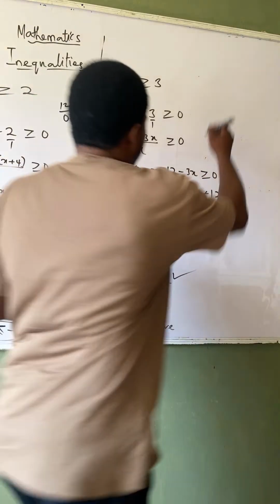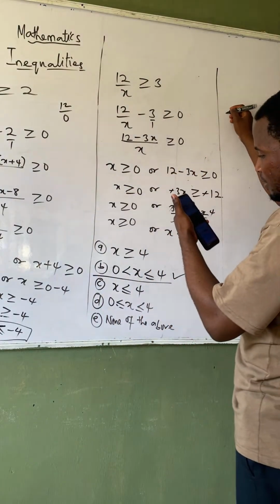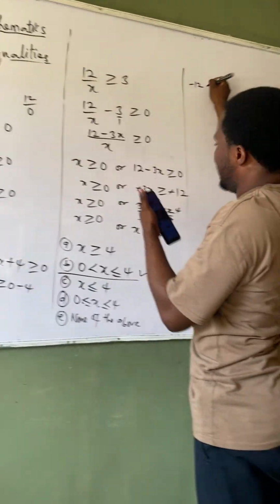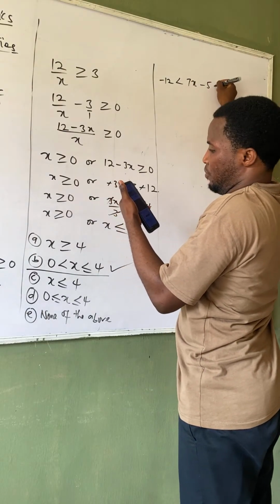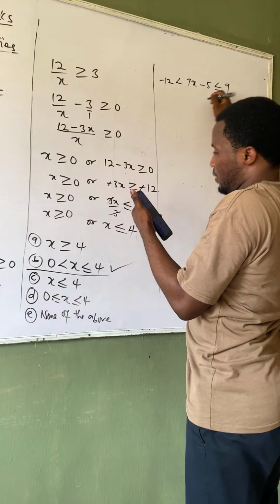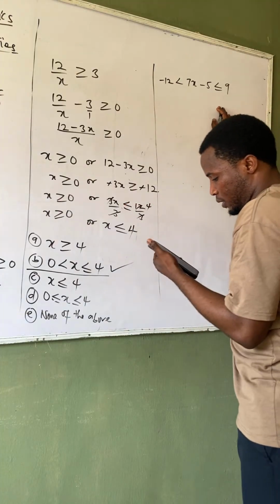Okay, quickly before then, there's a question here that you may like. Let's say minus 12 less than 7x minus 5 less than or equals to 9. So how do you approach this type of inequalities?